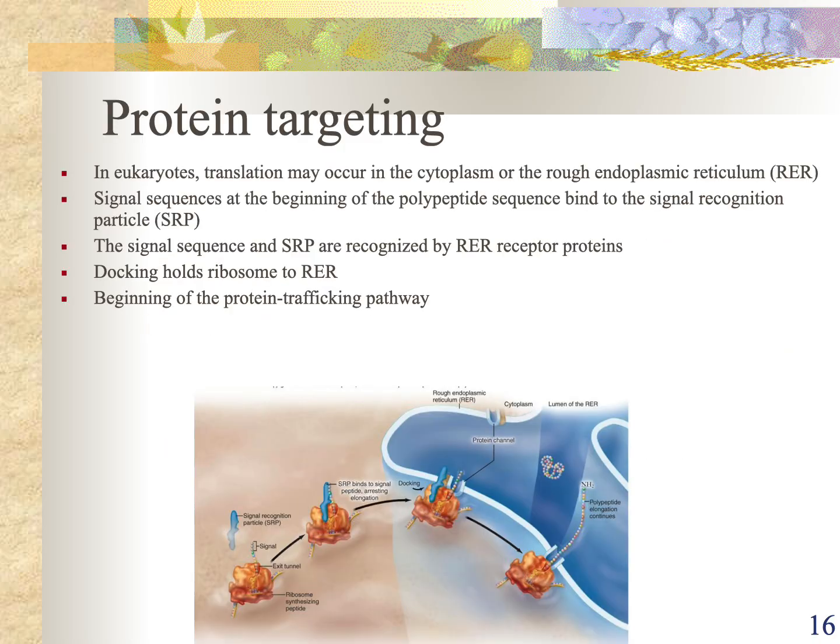Okay, in eukaryotes, protein targeting may occur. Translation in the cytoplasm or on the endoplasmic reticulum often includes extra pieces of the protein that may be cut off later, and these may have a sequence that allows the protein to go to the Golgi apparatus or another organelle.